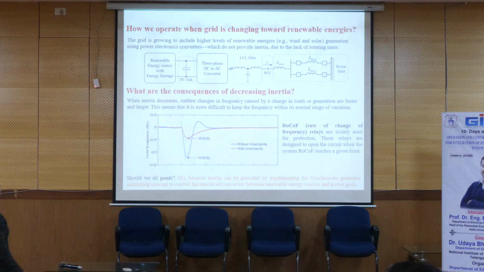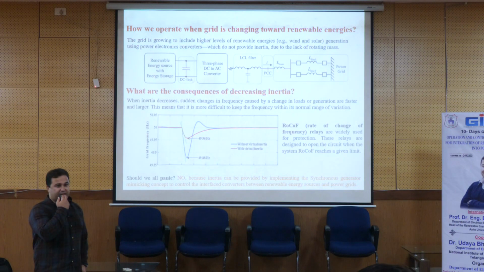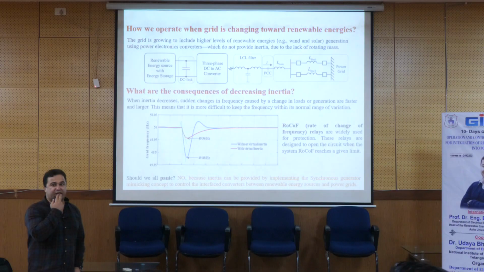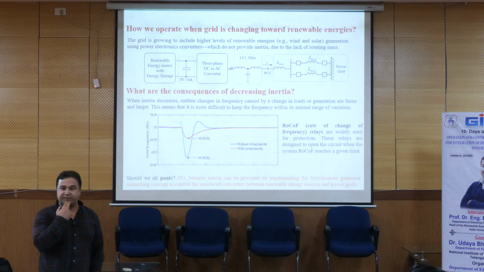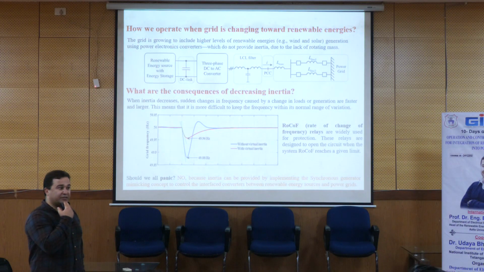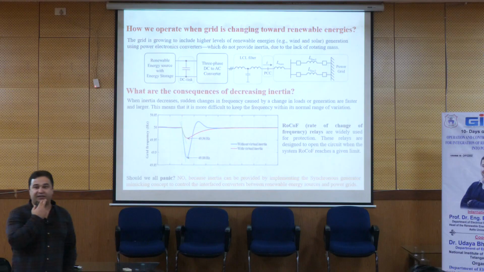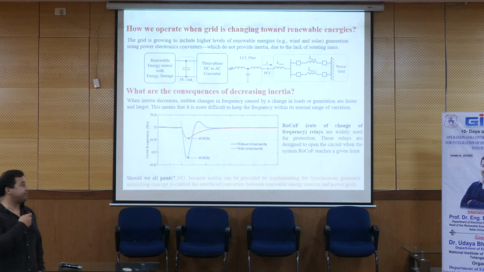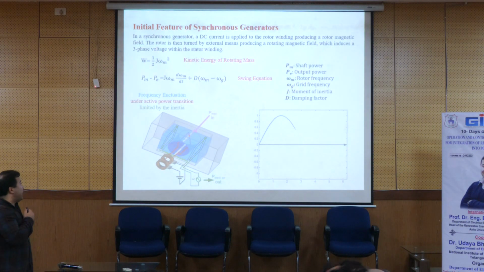Okay, so it seems that there is something missing. We must provide electricity from renewable energy and we need to use power electronics, but if we go further than 30%, then we have instability in the power system. So now we see the synchronous generator.